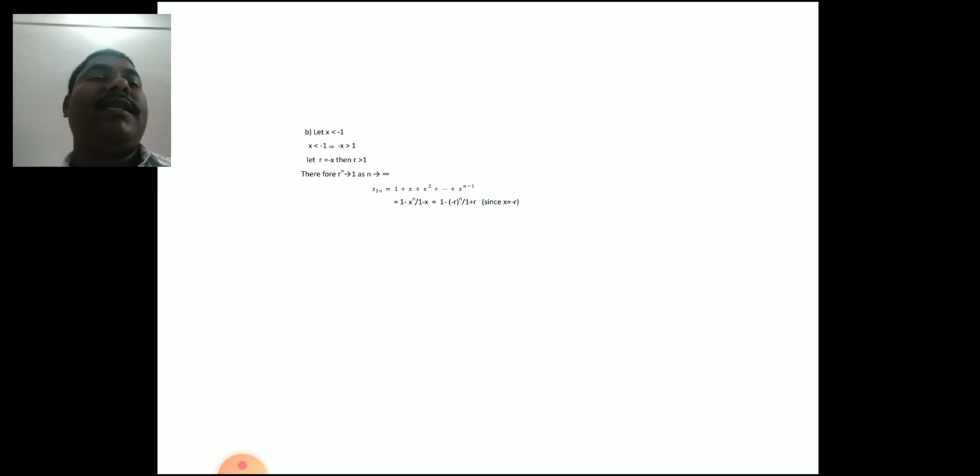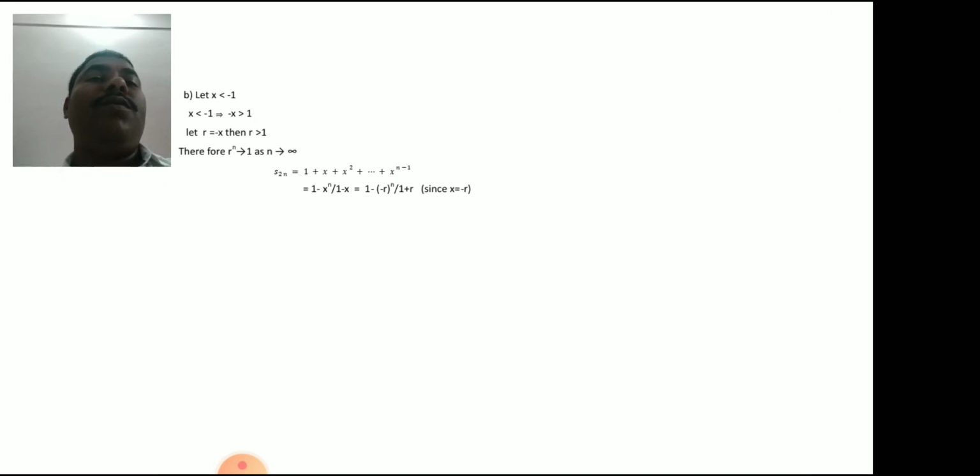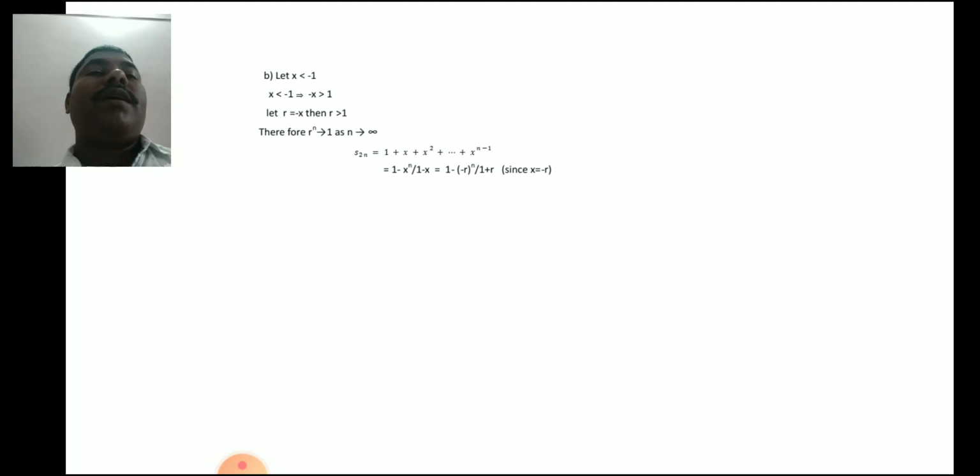And in the next case, let x be less than minus 1. So x less than minus 1 implies minus x is greater than 1. Here let r be equal to minus x, then r is greater than 1. Therefore r raised to n tends to infinity as n tends to infinity.